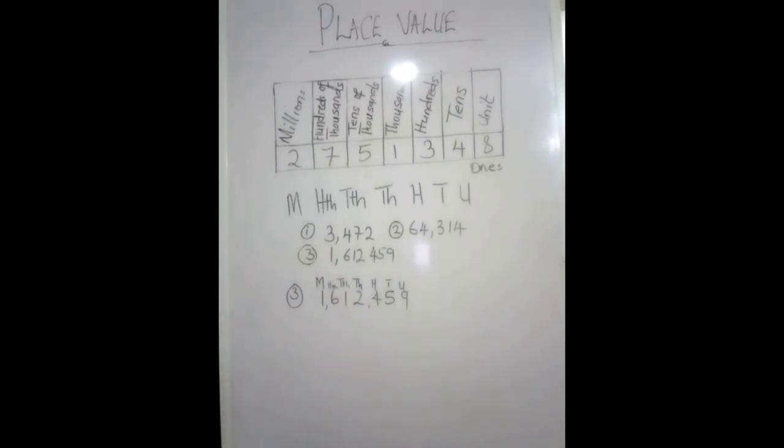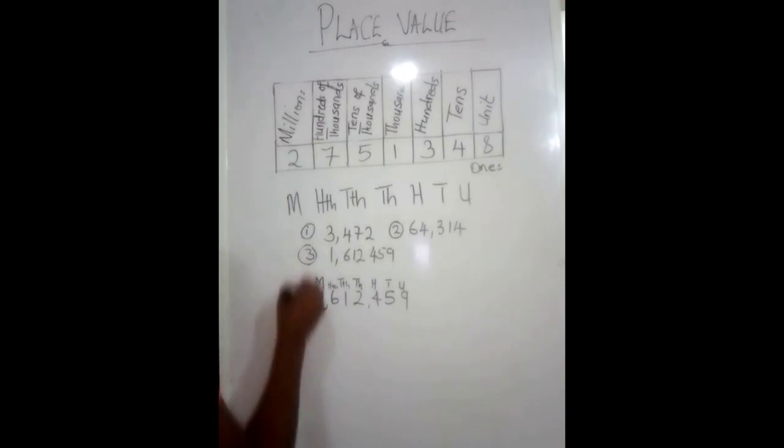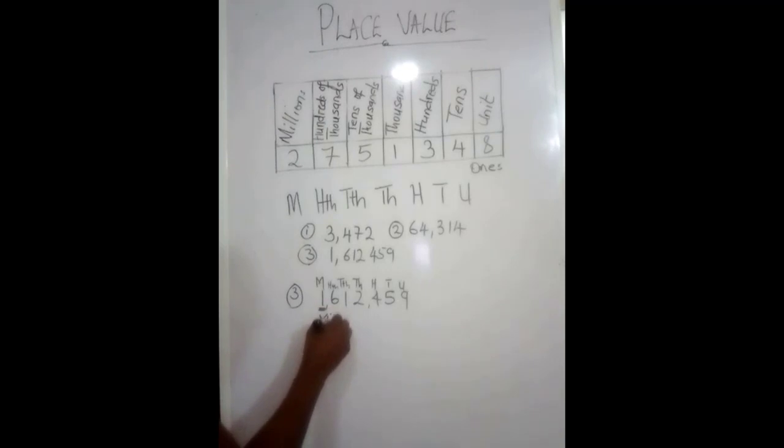Now if you are asked, for instance, what is the place value of the first digit in this number, this underlined one here? This is under 1 million, so the place value is simply million. And if you are asked for the value of the number, it is 1 million.